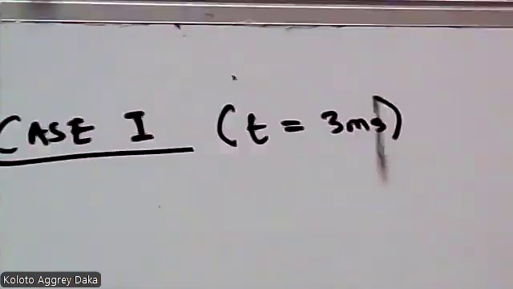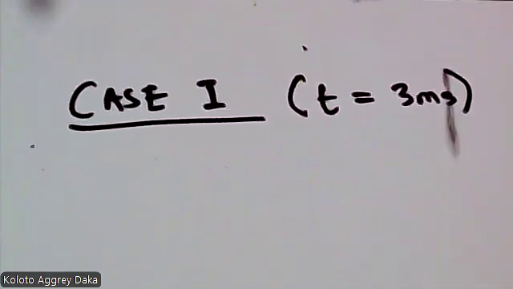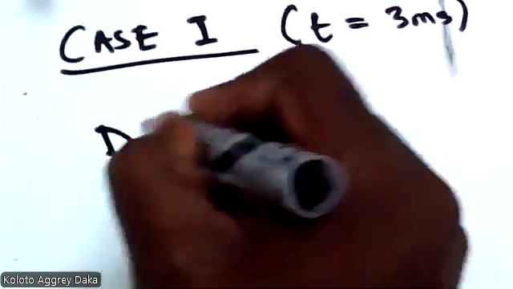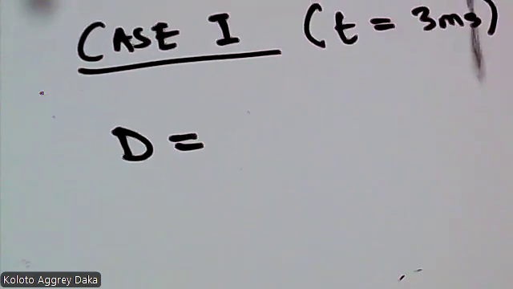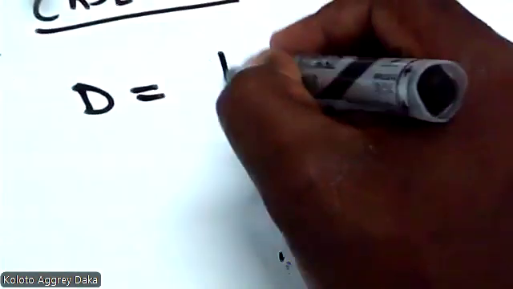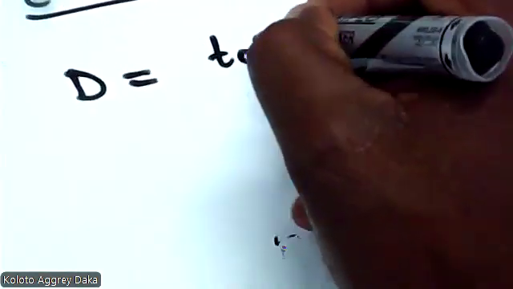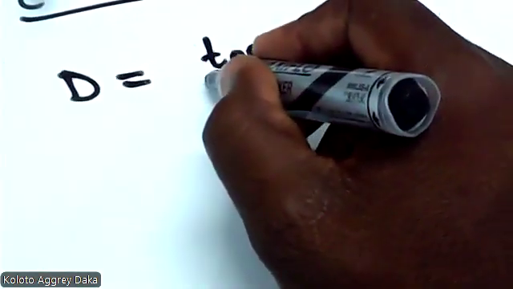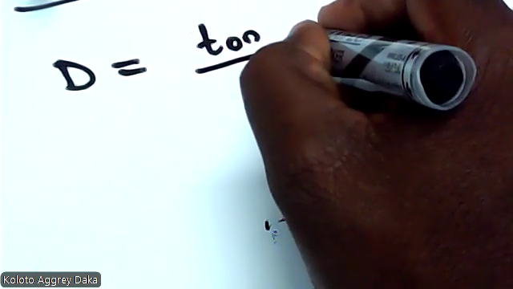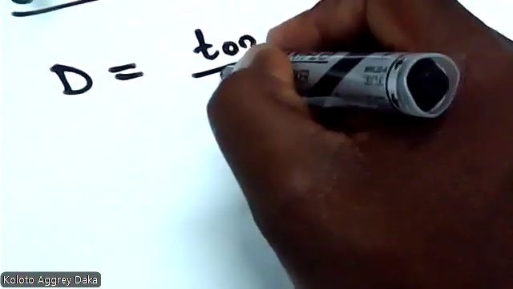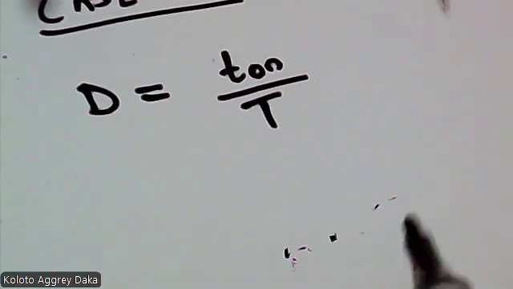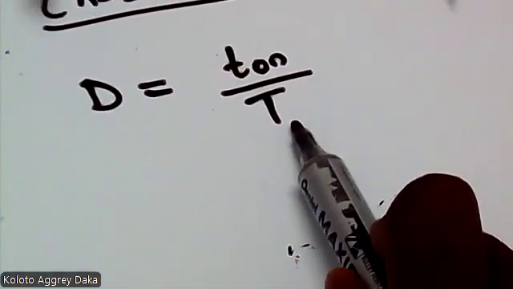The first thing we need to find is D, the duty cycle, which is always T on over T. The T we got from the frequency.